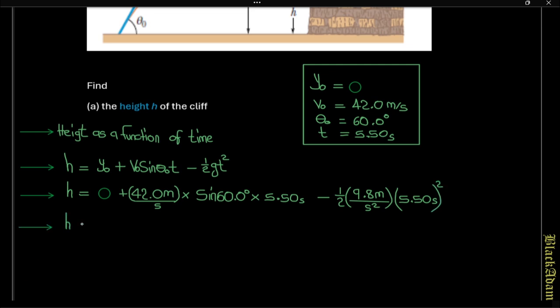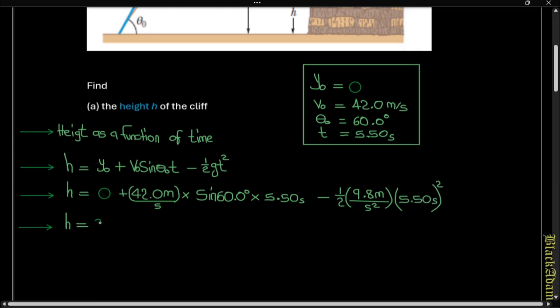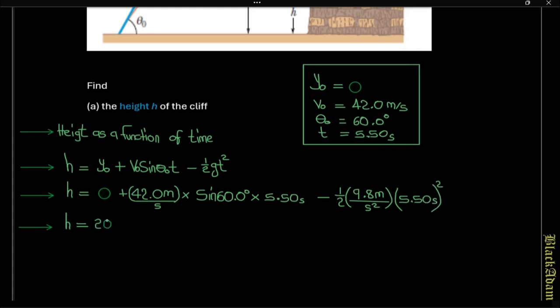And then we have to simplify. Let's use a calculator. That's 42 multiplied by sine 60 multiplied by 5.50, which is 200.052.